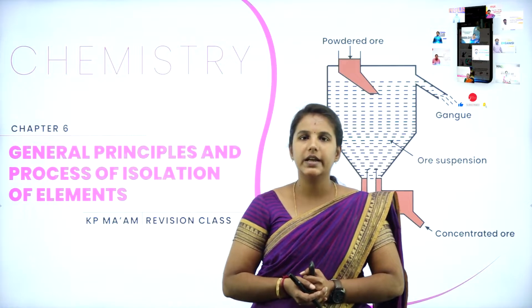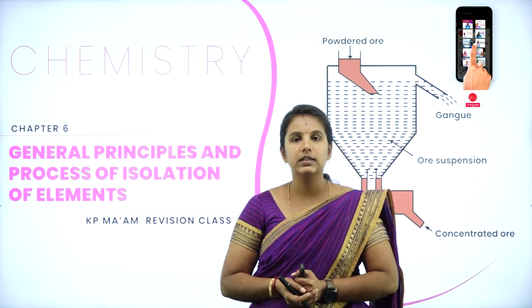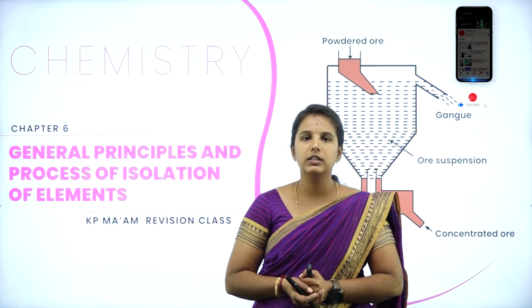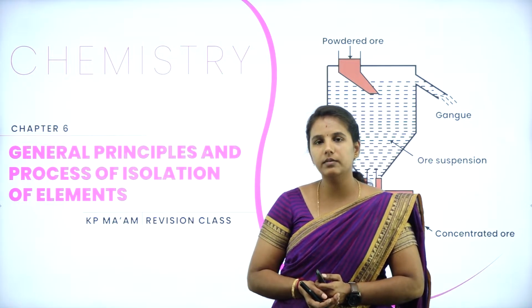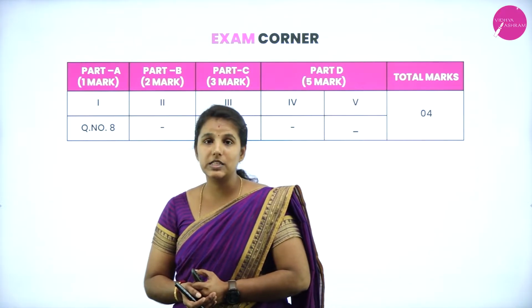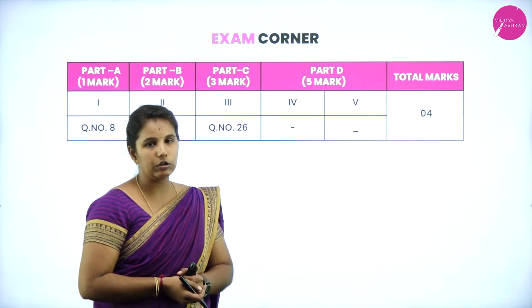My dear students, in this session, we are going to discuss Unit 6, the general principles and processes of isolation of elements. In this unit, we can expect one 1-mark question and one 3-mark question.